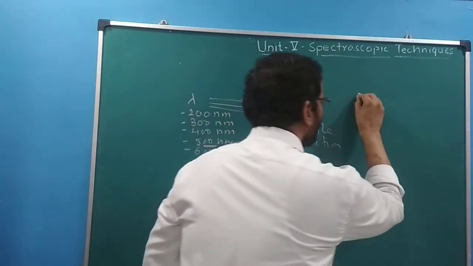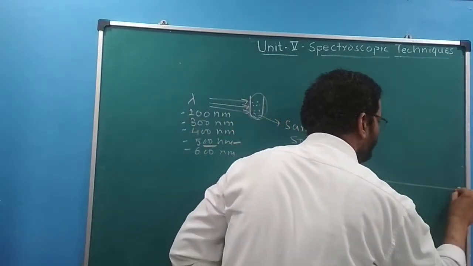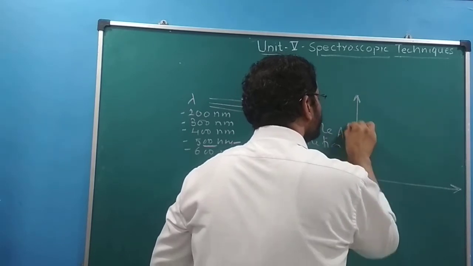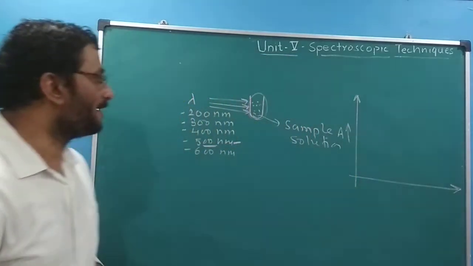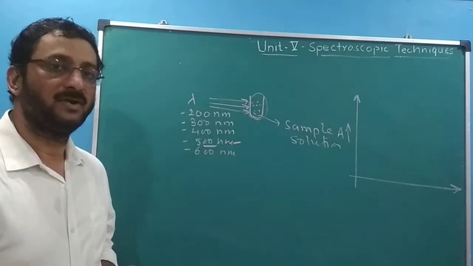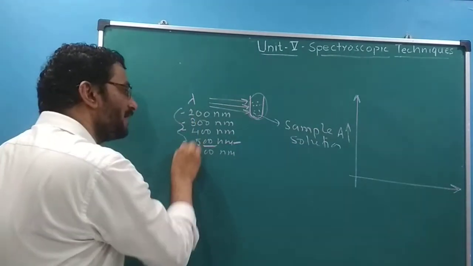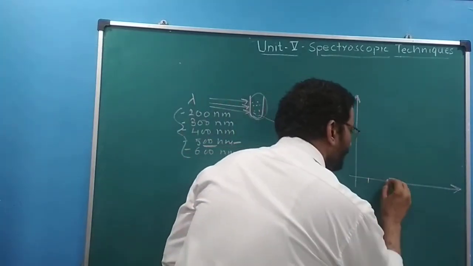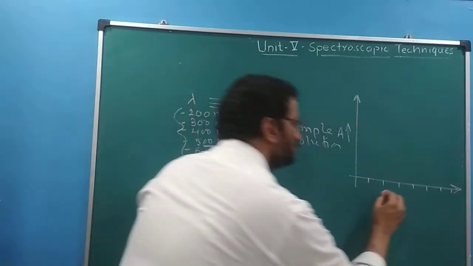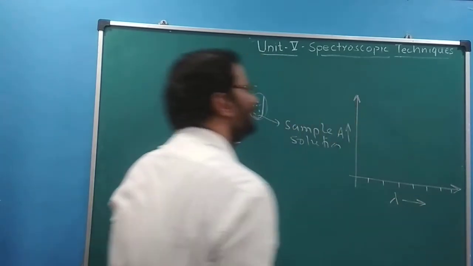Those changes are recorded in the form of a graph. Suppose this is the absorbance. What is the absorbance? What part of the light is absorbed by the sample substance? This is light, suppose, and it is 100 nanometer, 200, 300, 400, 500, 600, 700 and so on. So this is wavelength, lambda, isn't it?